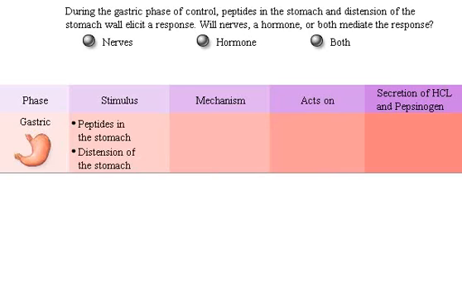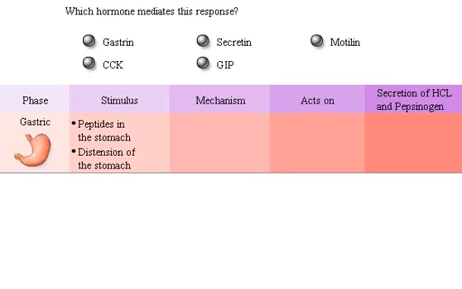During the gastric phase of control, peptides in the stomach and distension of the stomach wall elicit a response. Will nerves, a hormone, or both mediate the response? Which hormone mediates this response?